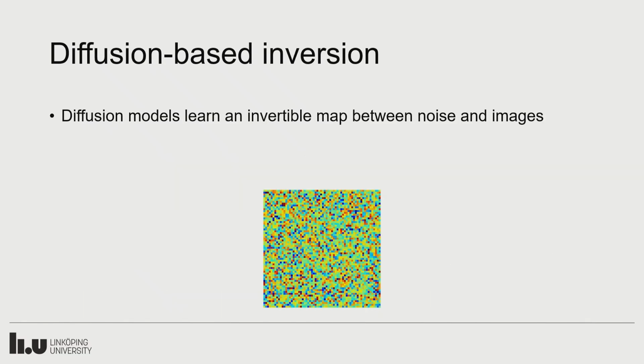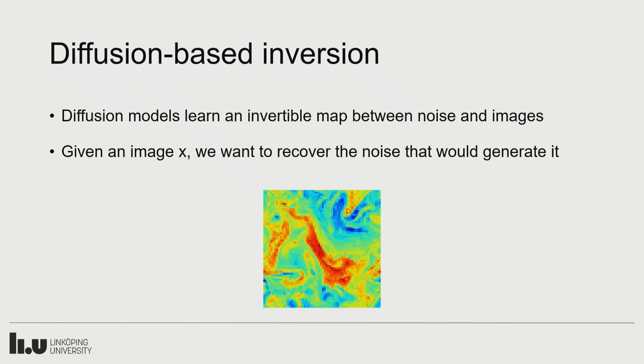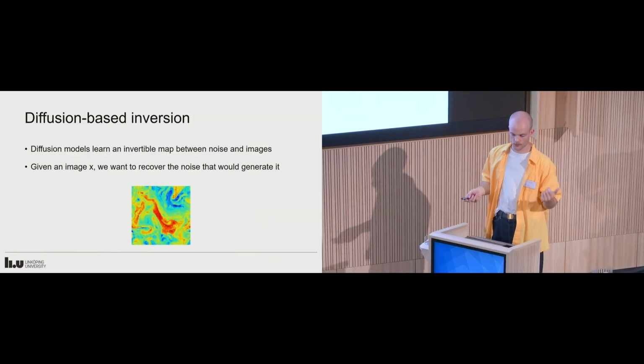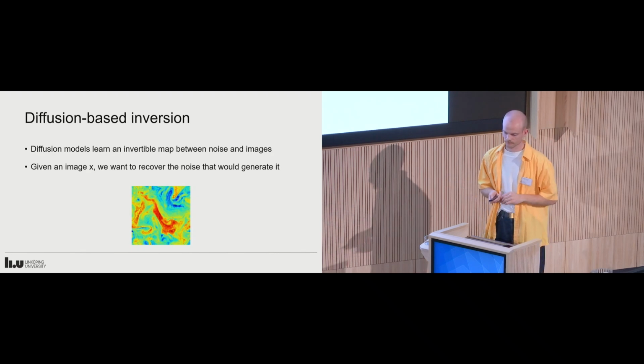Diffusion models work by learning an invertible map between noise and images. So if we have sampled some noise, we can sample an image by just solving the SDE or ODE forwards. However, in the inversion context, what we have here is an image or a forecast, and we want to go the opposite way and recover the noise that would have generated this forecast.